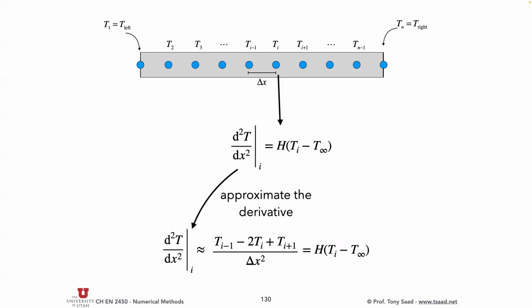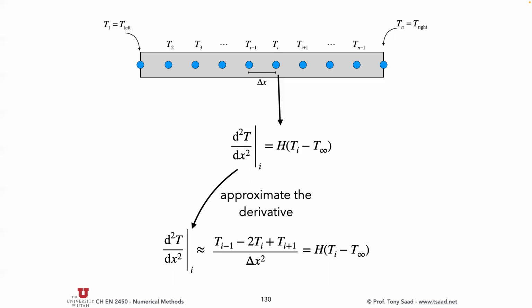Correct. All right. This is the approximation of the second derivative at point I. It relates the values of the temperature at I minus 1, at I, and at I plus 1. Okay? It's sort of weighing the effect of the temperatures at the neighboring points, only at the points close by to point I, okay?